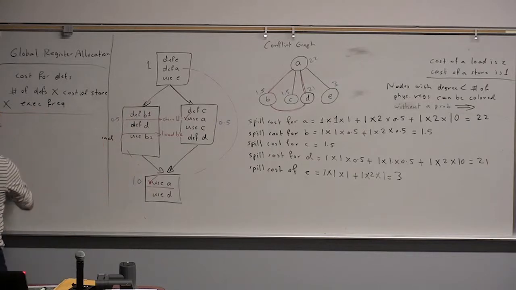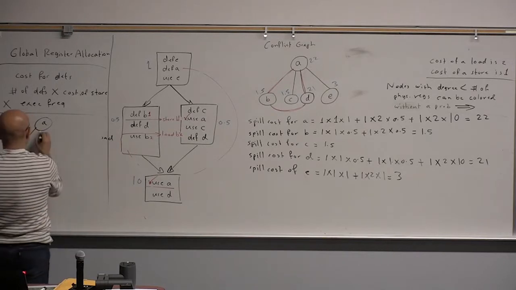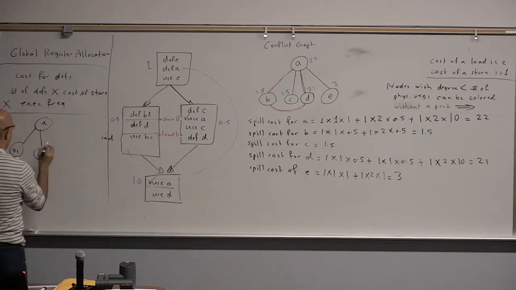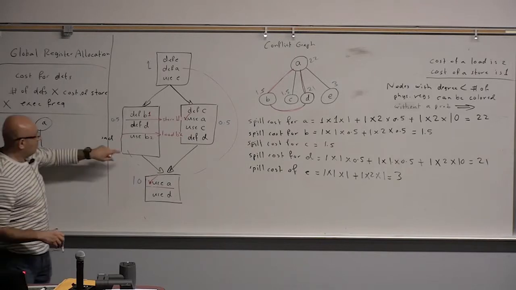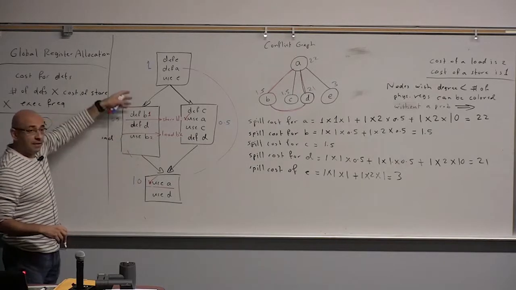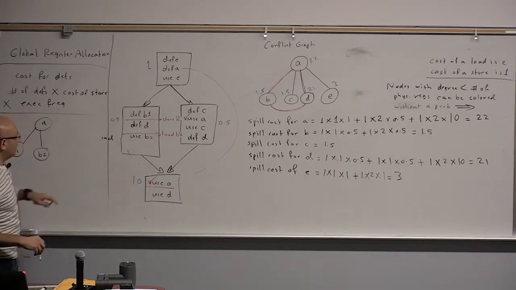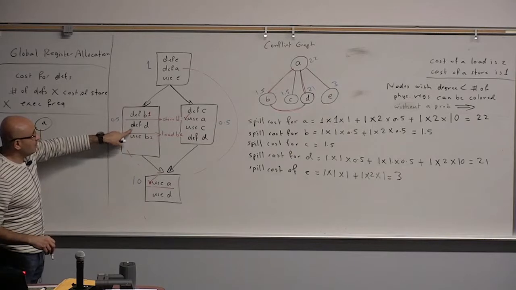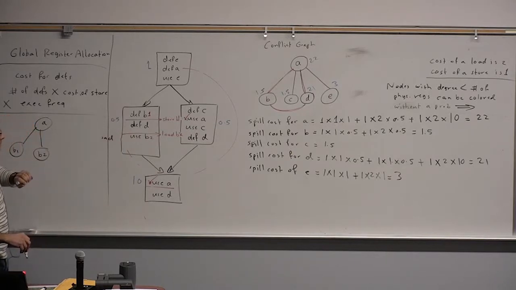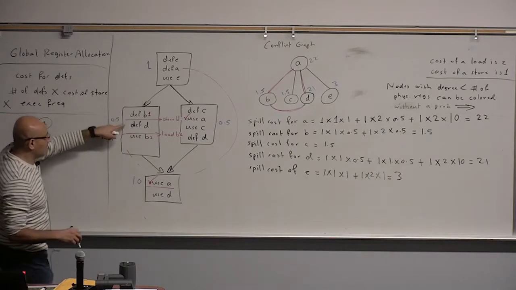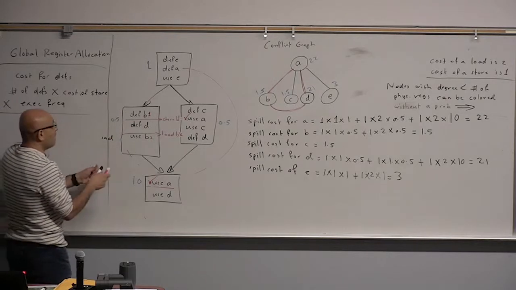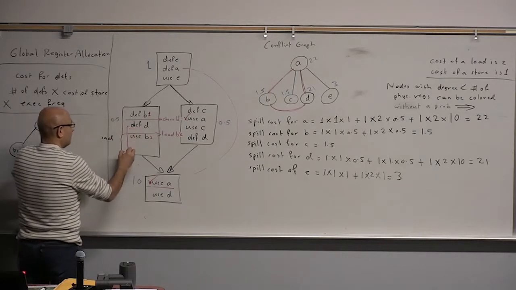So A is going to conflict with B1, and it's going to conflict with B2 as well, because A is live throughout the entire block. Now, how about D? So D conflicts with B1 or B2? B2. Yeah, it conflicts with B2 because D starts here after B1 ends.